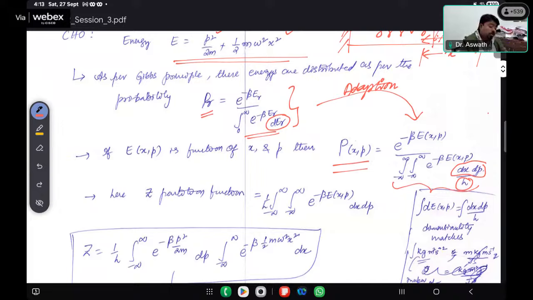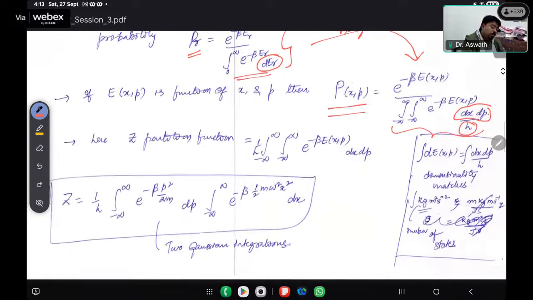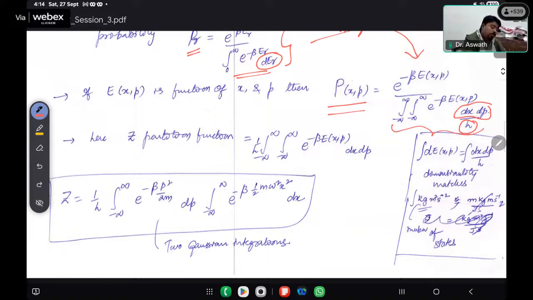So if you just divide by Planck's constant, you will have the exact dimensionality match. We'll see later why I need to divide by Planck's constant. But for the time being, in the box I have given how the dimensionality will be matched when I just divide by Planck's constant.